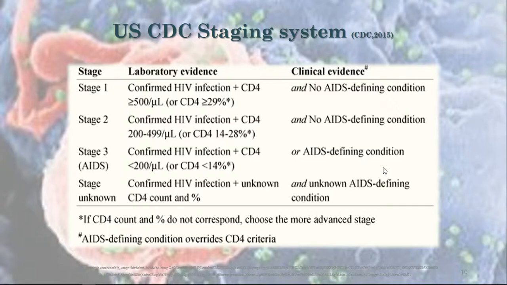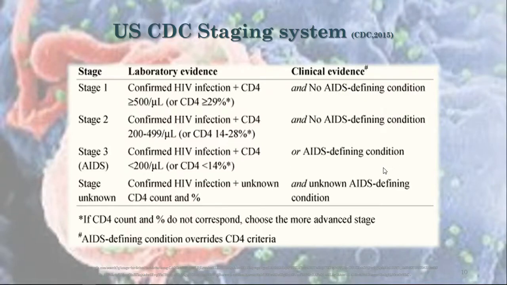So that's their overall CD4 T cells. And they have no AIDS defining condition. That's considered stage 1. Stage 2, they have a confirmed HIV infection, and their CD4 count is between 200 and 499 units per liter, or their CD4 is between 14 and 28%, and they have no AIDS defining condition.